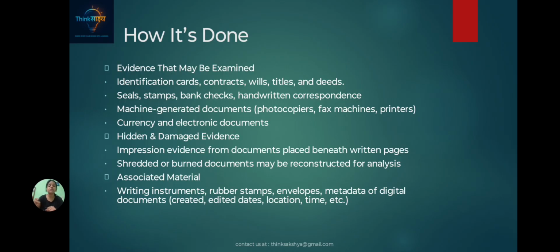Damaged evidence, such as any document that is burned or charred, or shredded documents, comes under damaged evidence. Along with this, we go for associated materials such as writing instruments, rubber stamps, envelopes, and metadata of digital documents, such as when it was created, when it was last accessed, when it was edited, its location and time. All these things mentioned on a digital document are the metadata of that document.